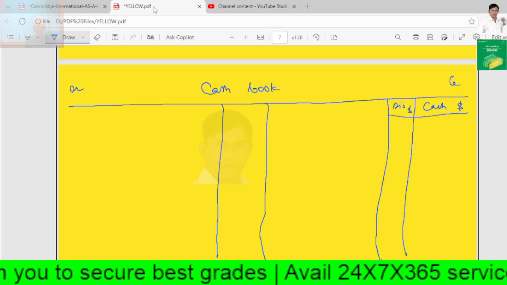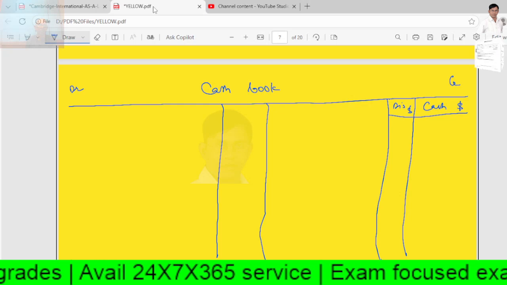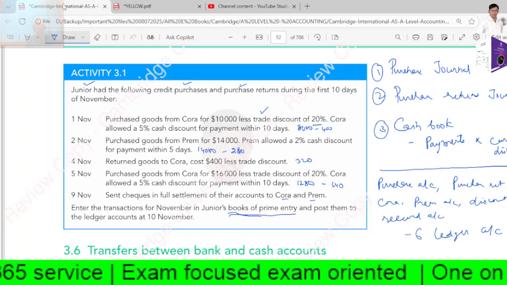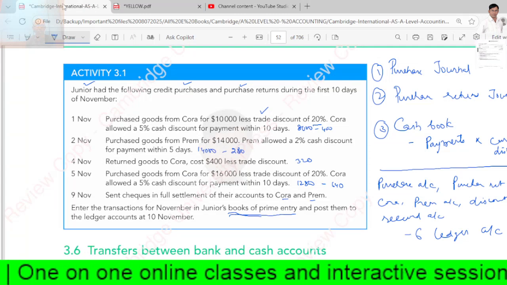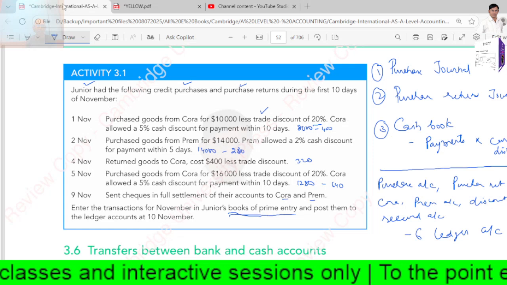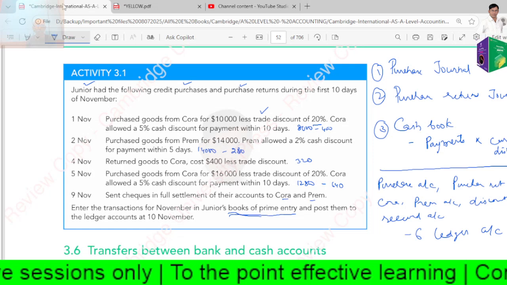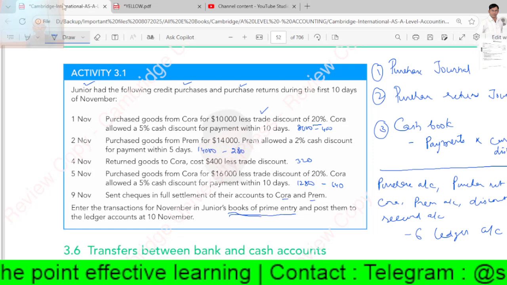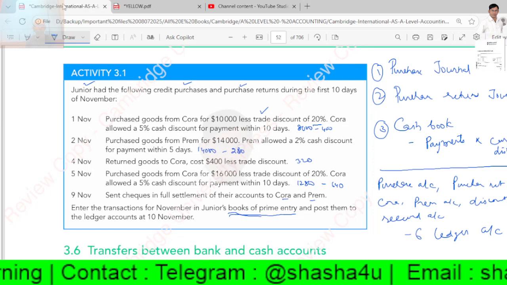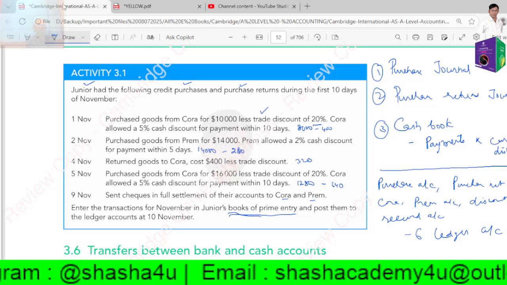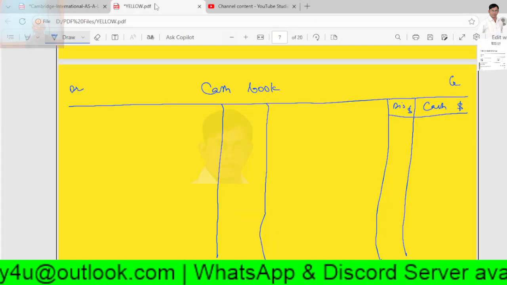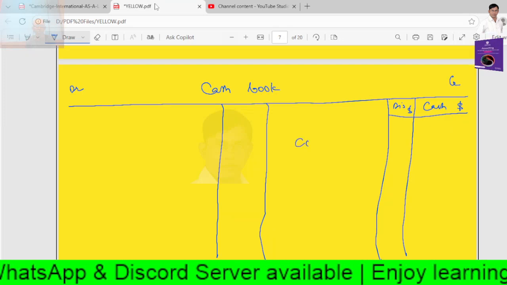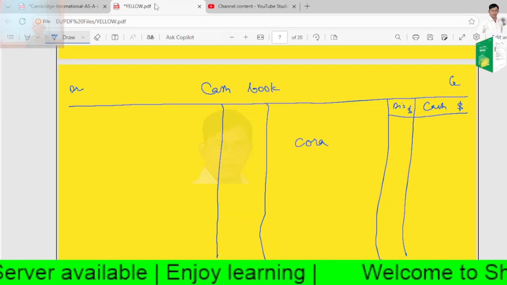So first, what is happening here? We have purchased, no cash transaction. We sent checks in full settlement of their account to Cora and Frame. So we have paid Cora and Frame.